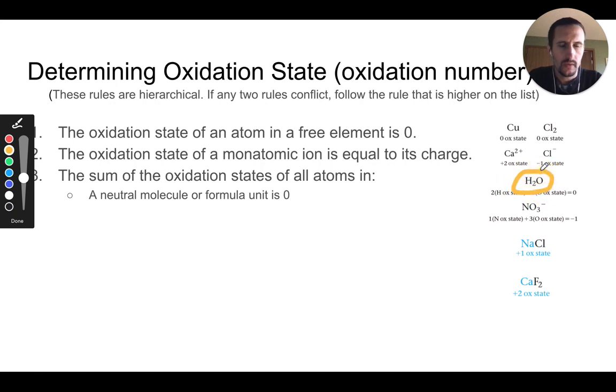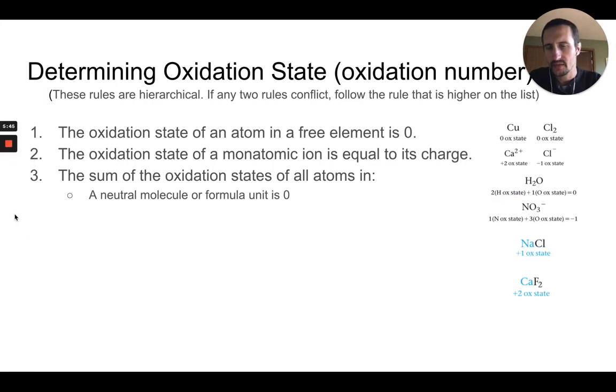Water is neutral, no charge. That means the oxidation state of the hydrogen and the oxidation state of the oxygen must add together to be 0. Keep in mind that there are 2 hydrogen atoms, so whatever the oxidation state of the hydrogen is gets multiplied by 2, and those must add together to be 0.